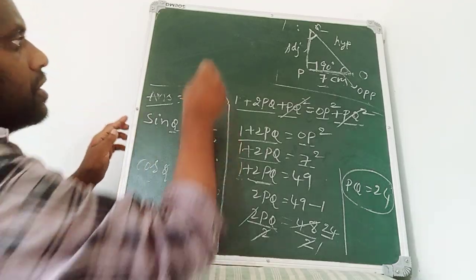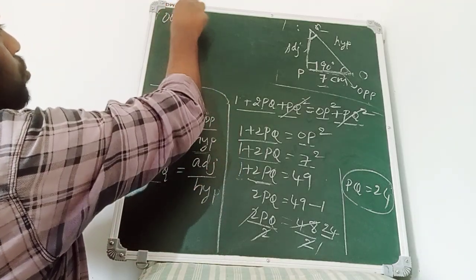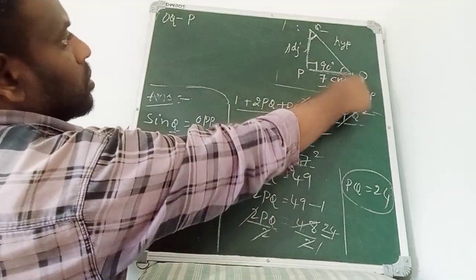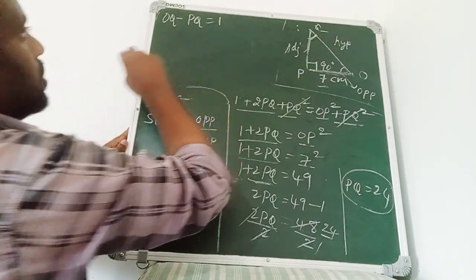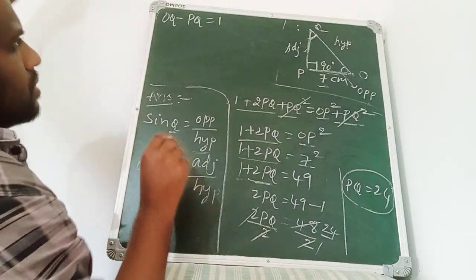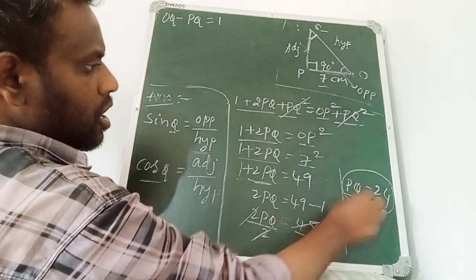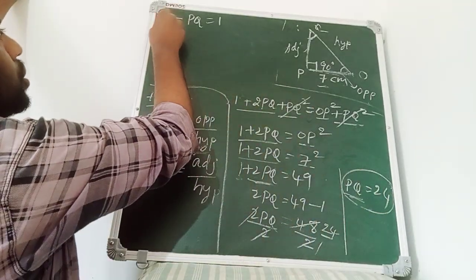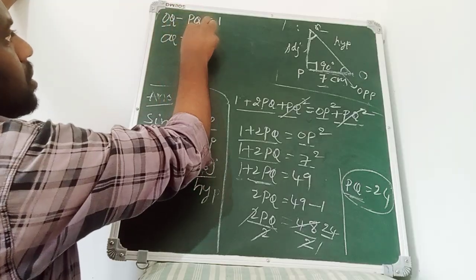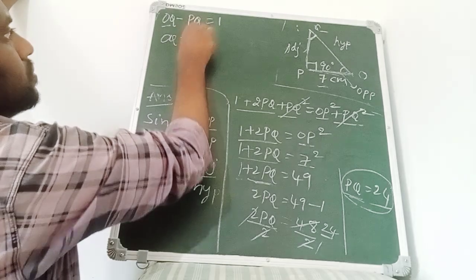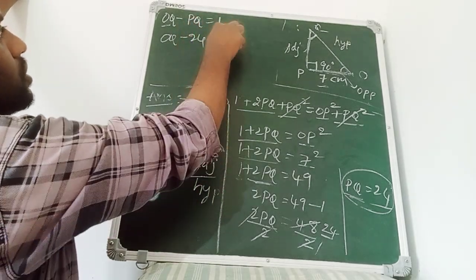See, in the beginning they have given this equation, right? OQ minus PQ is equal to 1 centimeter. Okay, centimeter I can write later. Now we got PQ, we can find OQ using this. So OQ as it is minus PQ, 24, is equal to this 1.